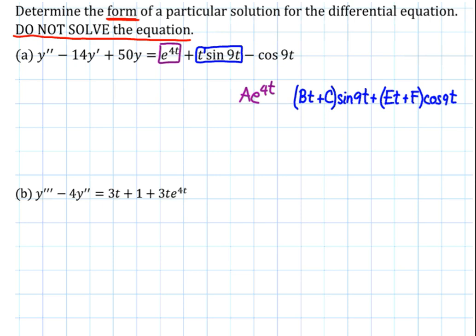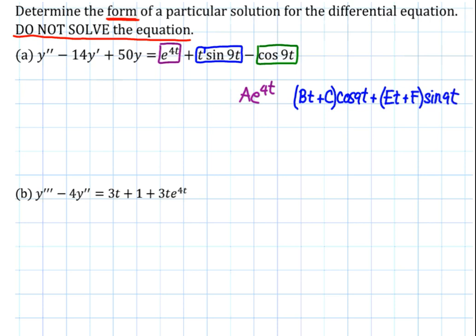And next we have the cosine of 9t. For cosine of 9t, it's just like when we have sine of 9t, we just need to have sine and cosine. Usually we're going to have cosine before sine, so let's just stick with that convention.